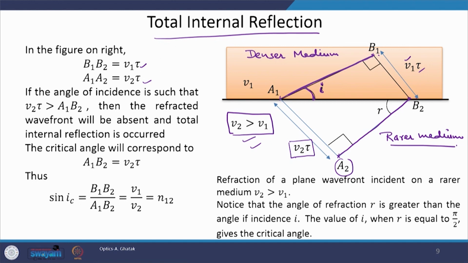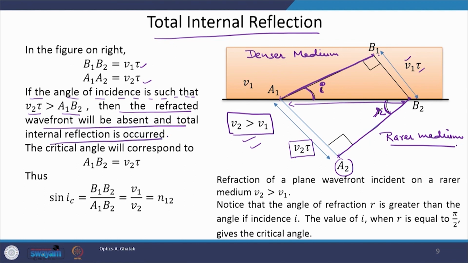Now, the angle of incidence is given here, and this would be the angle of refraction, assuming that refraction is happening here. Now, let us go to the text. If the angle of incidence is such that V2 tau is larger than A1B2, A1B2 being this distance, then the refracted wavefront will be absent and total internal reflection will occur.